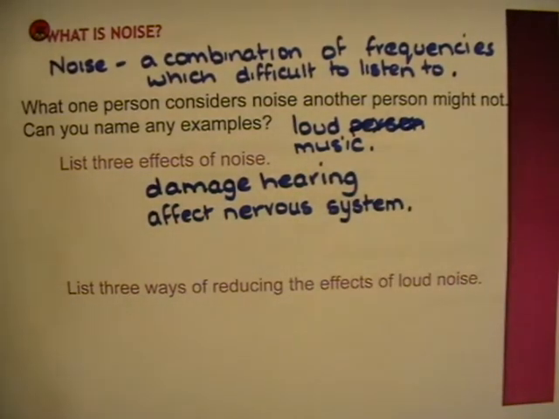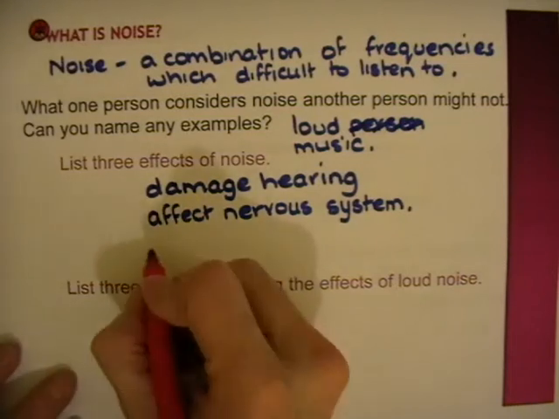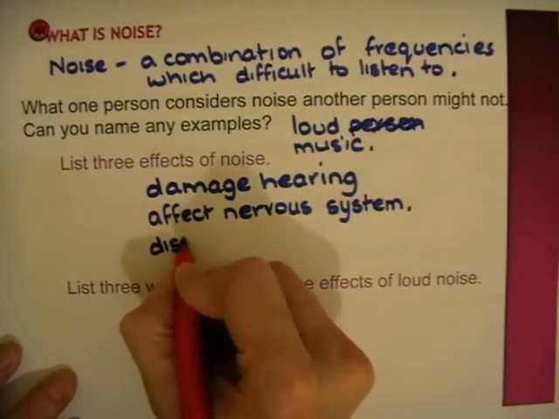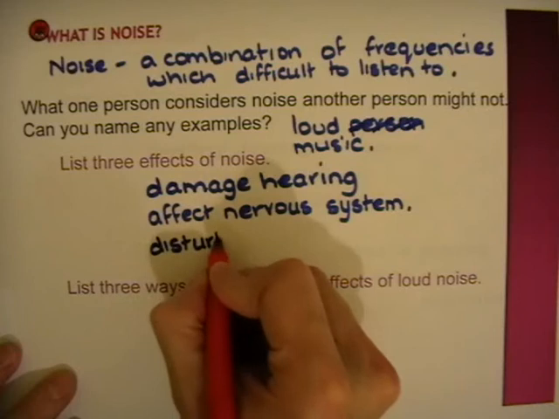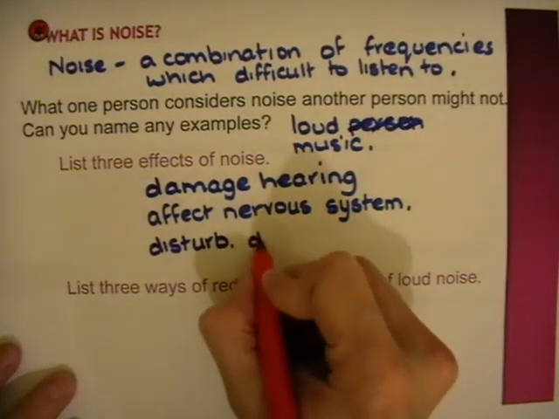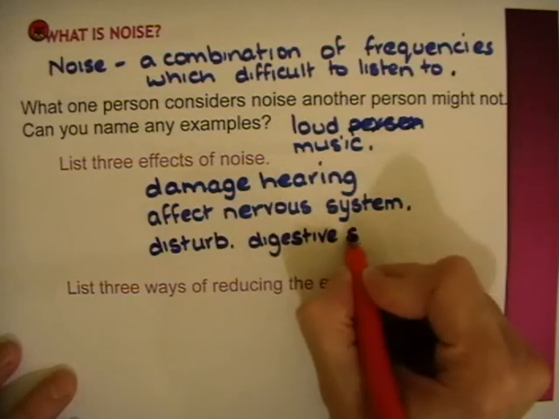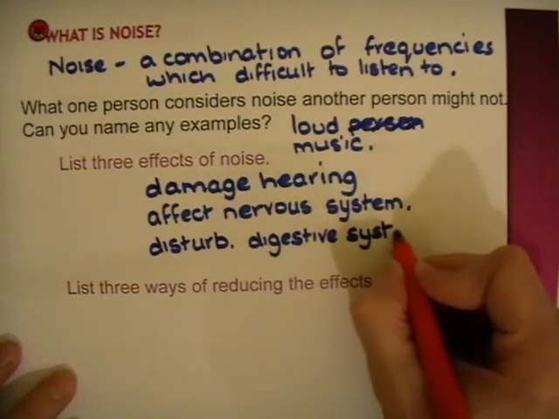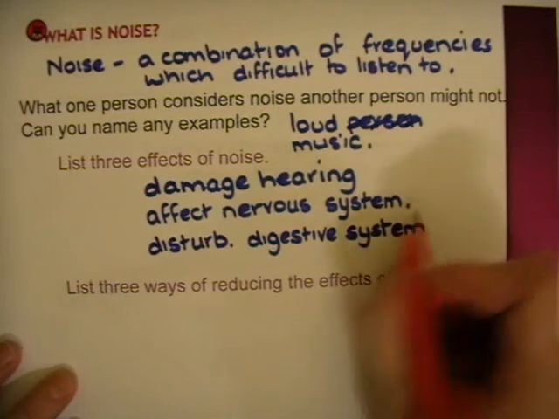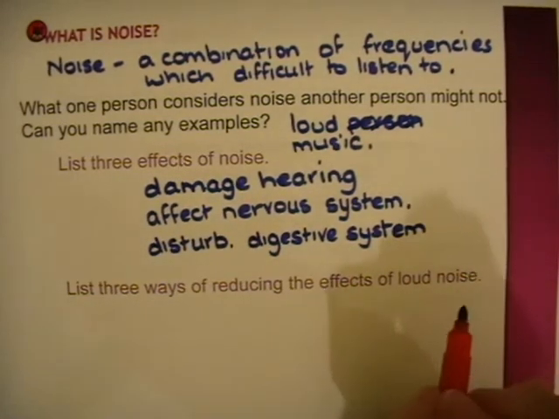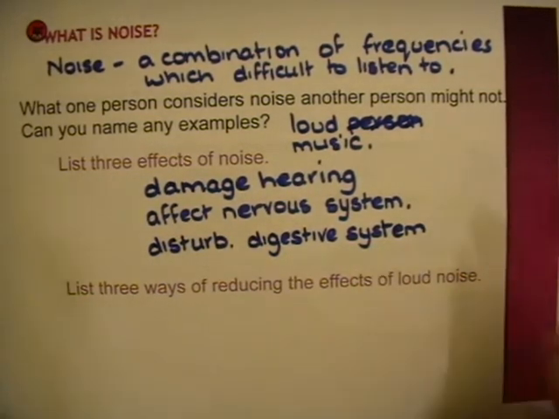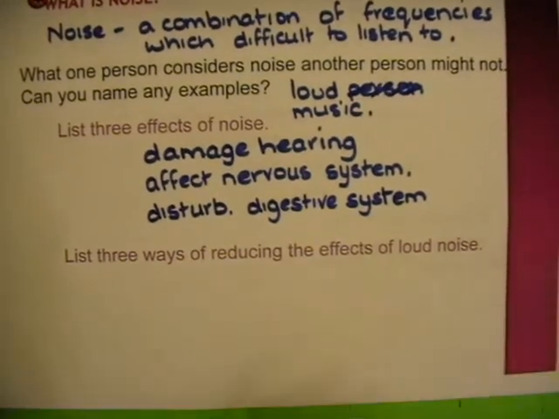And also it can disturb your digestive system. So it affects your nervous system or disturbs your nervous system by annoying you, and it can disturb your digestive system by giving you maybe a stomach ulcer or bowel problems or something like that.